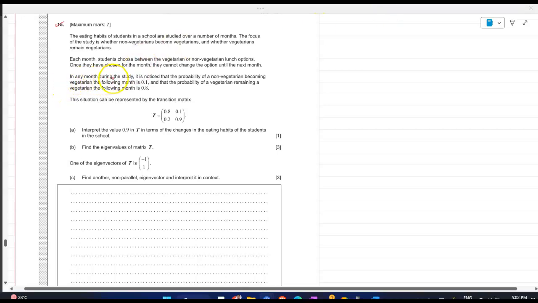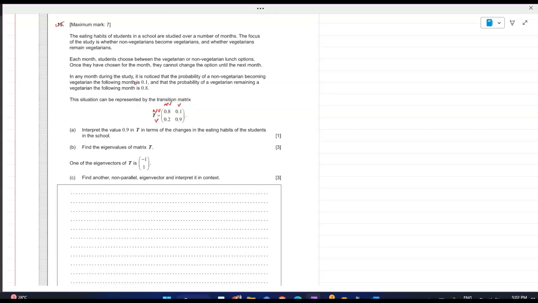In any month during the study, it is noticed that the probability of a non-vegetarian becoming vegetarian is 0.1, and the probability of a vegetarian remaining vegetarian is 0.8.